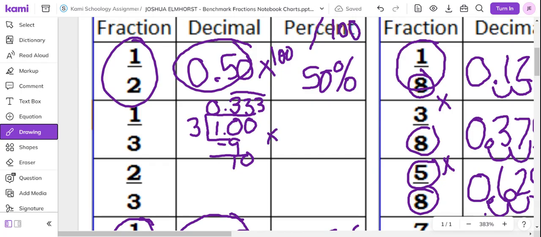And then we multiply that by 100, which moves it over 2 spaces, and that's 33.3 repeating percent. So if that's 1/3, then what is 2/3 going to be?